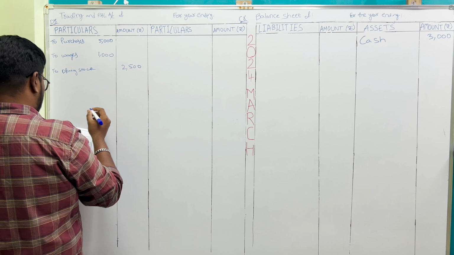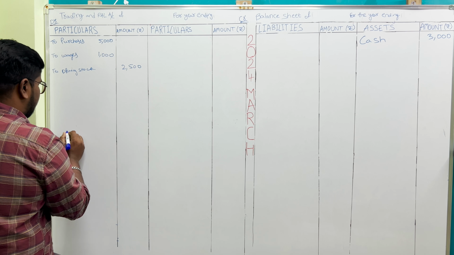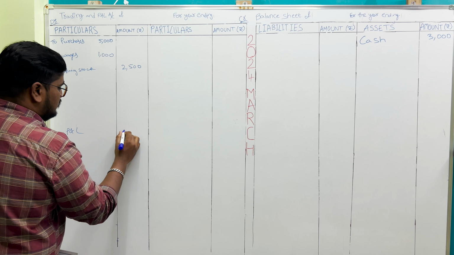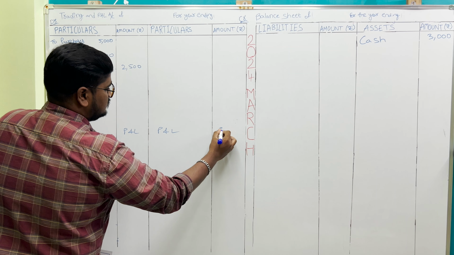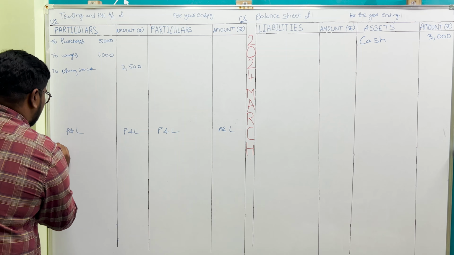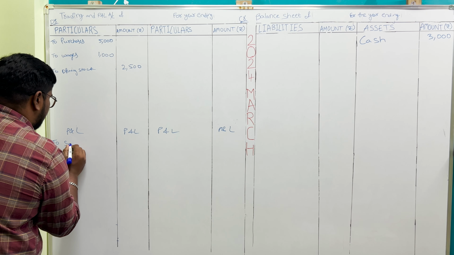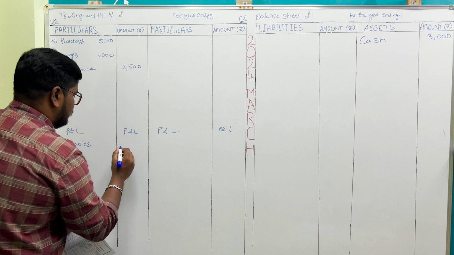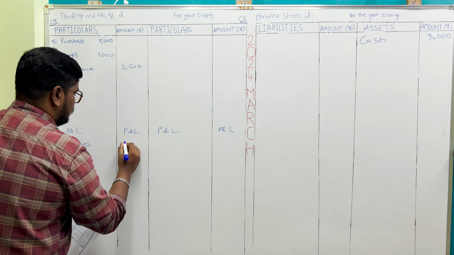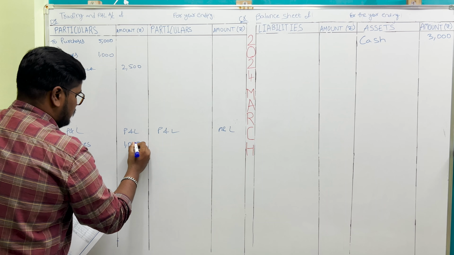2500. Next, salaries. Salaries is a P&L item. Let's differentiate P&L. Salaries 1000. Do we have an adjustment? No. Direct outer column.